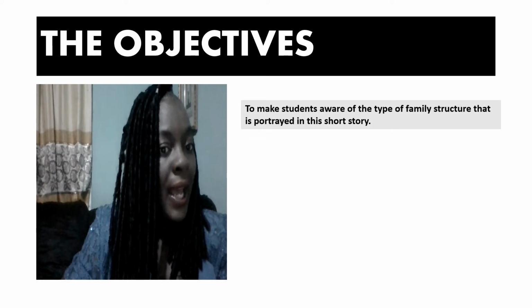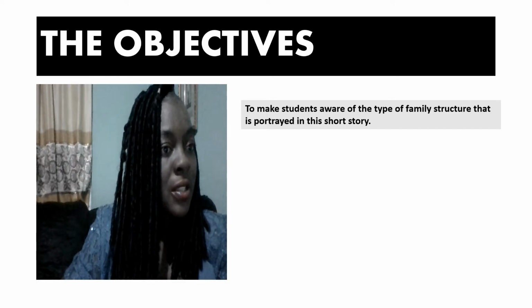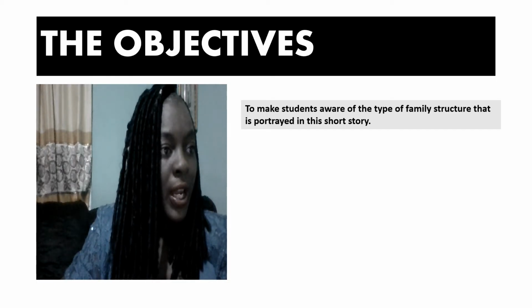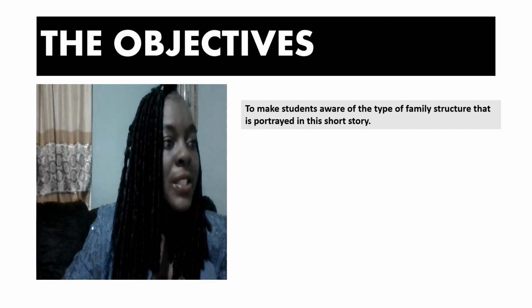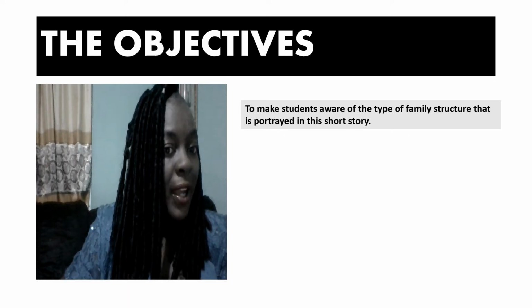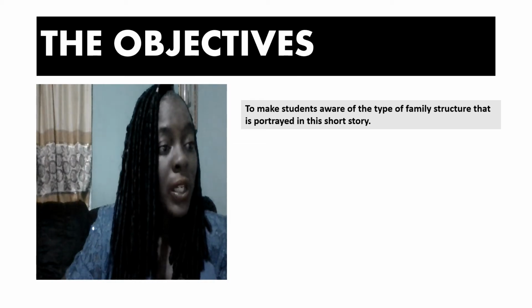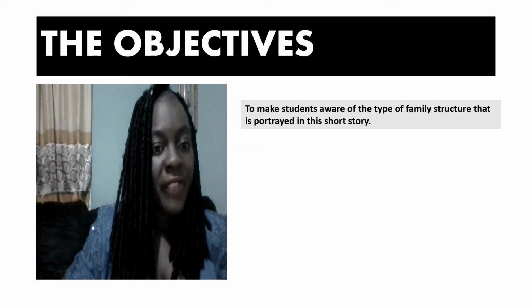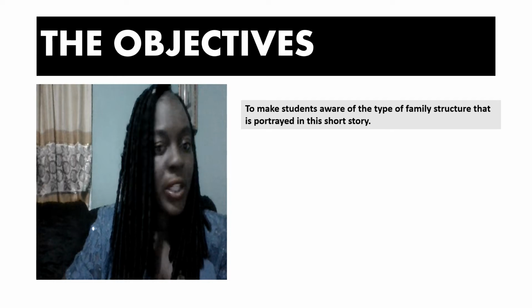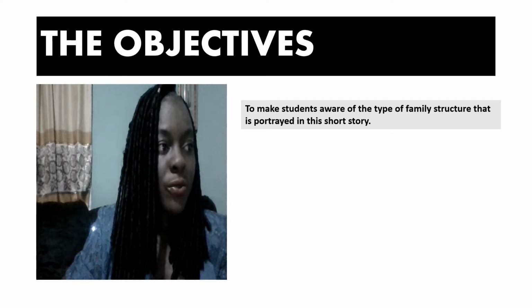Two, to identify the characters within this short story and to ensure that students are able to find relevant adjectives to describe the main character, Squeaky, and of course, provide evidence to support the adjectives that they have chosen.